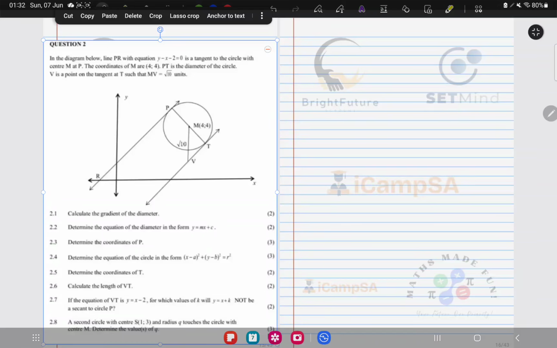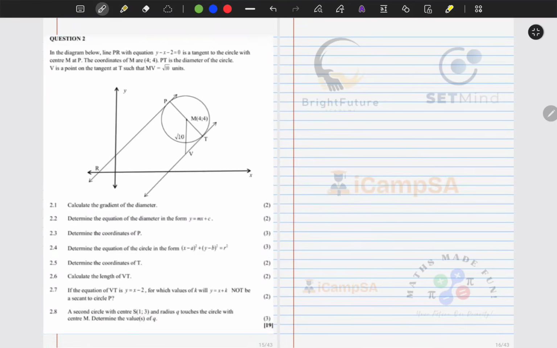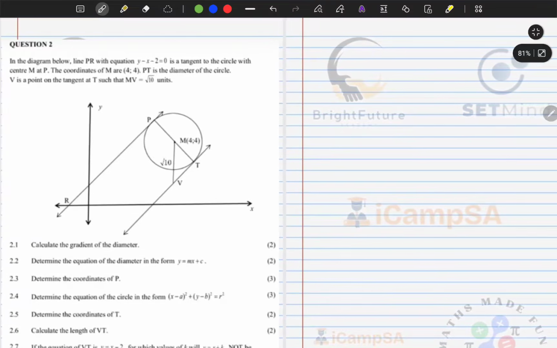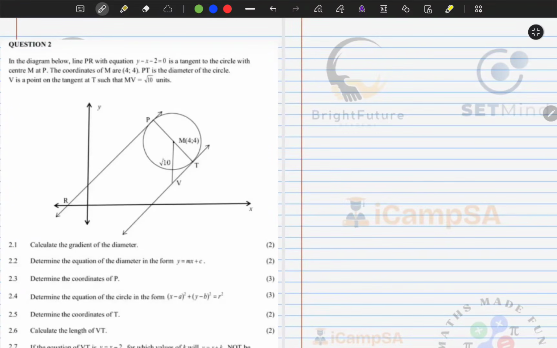And the next question is about circles. Okay, this is analytical geometry, still of this 2026 paper. Okay, so the statement reads, in the diagram below, the line PR, this is PR, with that equation is a tangent to the circle with center M at P. Okay, then they say the coordinates of M are 4 and 4.